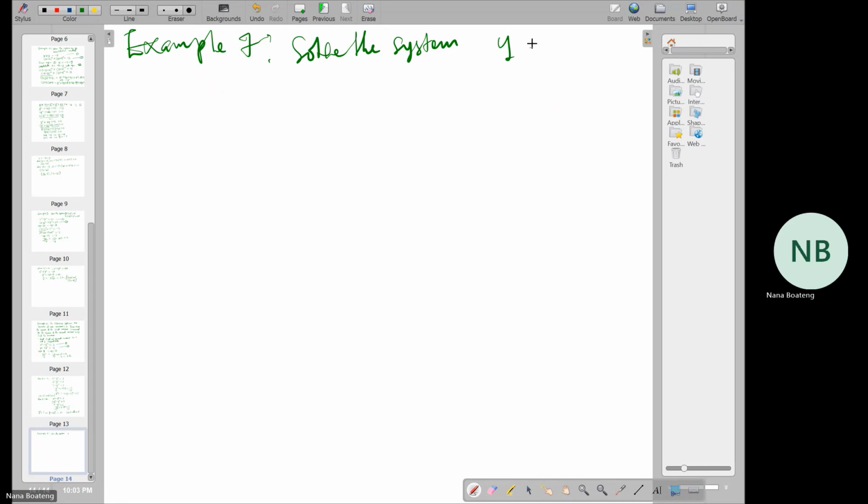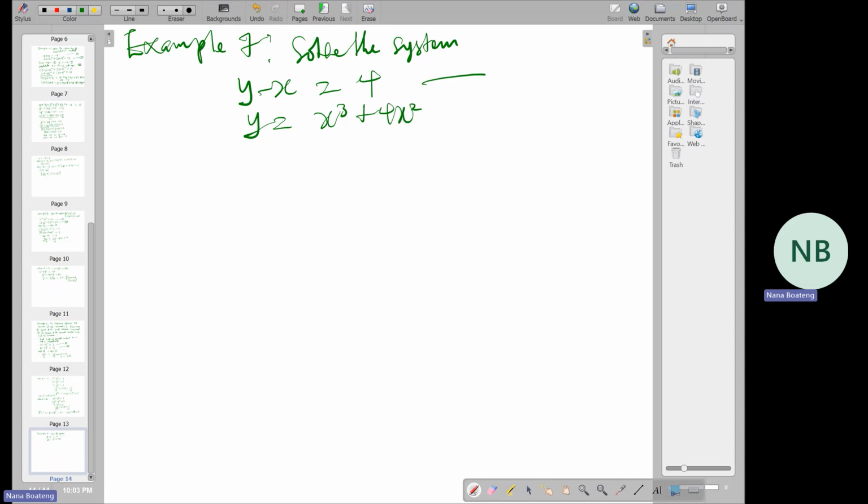Let me write this as we have to solve the system. y minus x is equal to 4, and the second equation is y is equal to x cubed plus 4x squared.